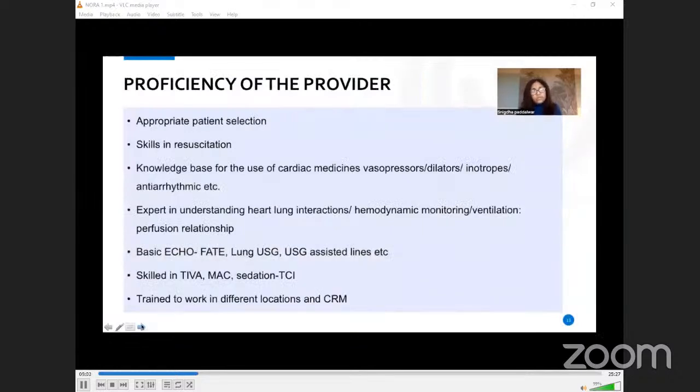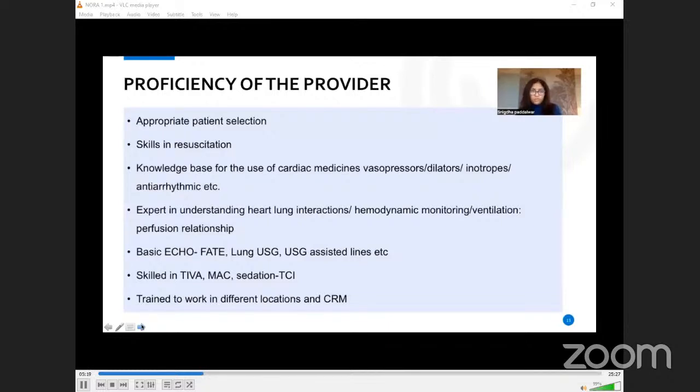So what are the desired skill sets for the providers who are looking after and providing anesthesia to these patients? The provider should be able to judge and select his or her patient appropriately, whether their skill sets match the complexity of the patient.